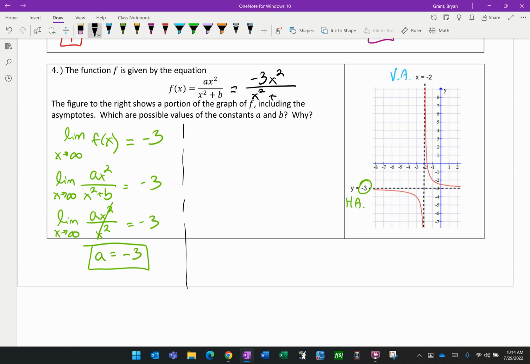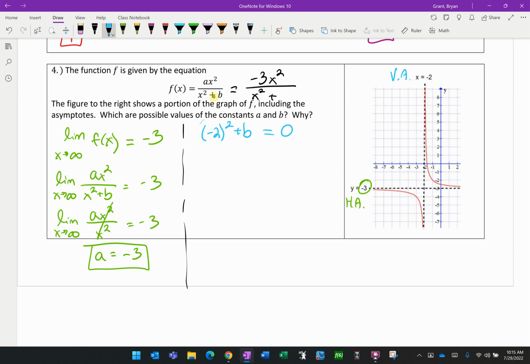How do we find the b value? Well, the b value is in the denominator, and we know that the denominator controls where the vertical asymptotes are. So let's take the denominator. We know x² plus b, right? That is going to be -2. What makes it -2? Well, what they're telling us is that when we substitute -2 in for x, the denominator becomes 0, right?